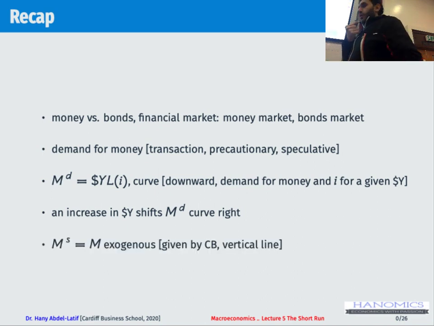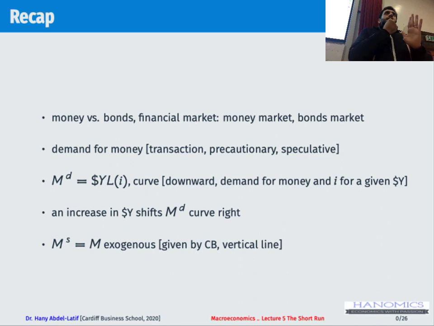Then moving to the money supply side. Again, just to remind you, equilibrium here means the interaction between both sides, money supply and the demand for money. We saw the relationship between demand for money and the interest rate for a given level of nominal income, and that gives us a downward sloping demand curve.